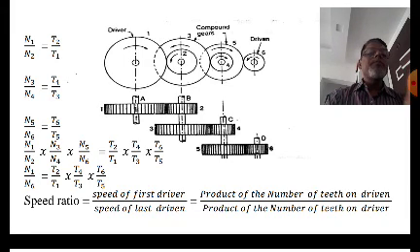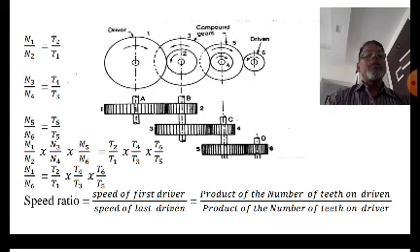Now if you see the numerator values, T2, T4 and T6, all these are the number of teeth on the driven gears, right? And in the denominator, you can see T1, T3 and T5. These are the number of teeth on the drivers.